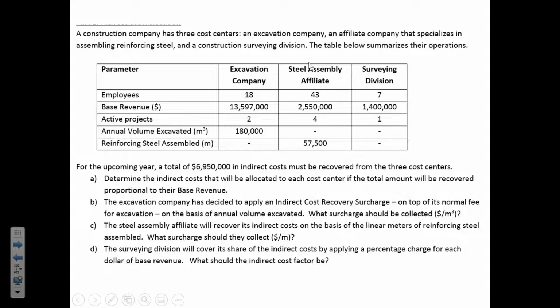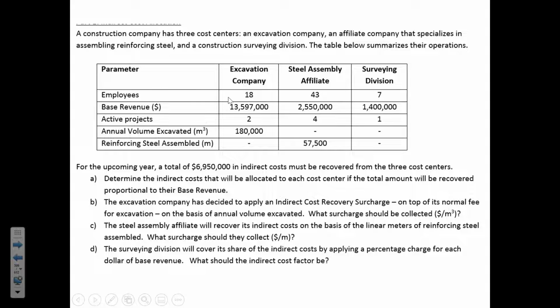And the construction company needs to recover $6.95 million in indirect cost. So those indirect costs are things like the executive team salary, the insurance that covers liability for the construction company, maybe the utilities of the headquarters, just the costs that can't easily be directly tied to the operations of these three divisions.